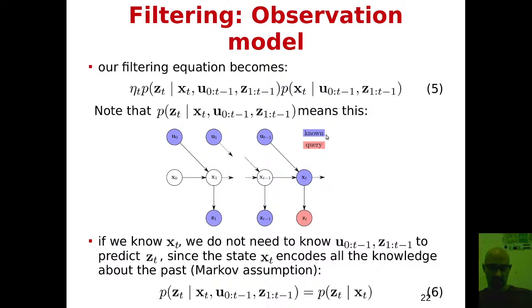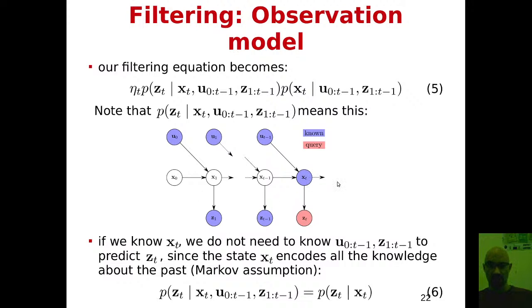Using our color coding, where we have this purplish color for the known distributions and this pinkish color for the query distributions, we paint purple all the variables in the conditioner and pink all the variables in the query, which is whatever stays to the left of the conditioning bar, and we observe this pattern in the Bayesian network.